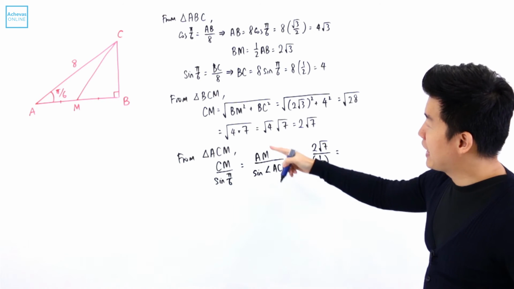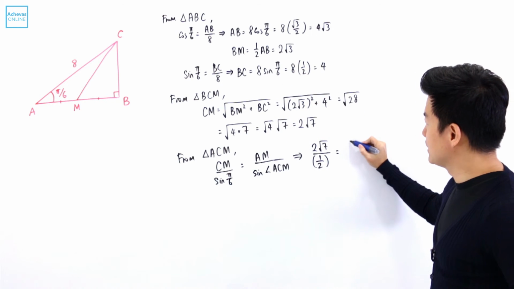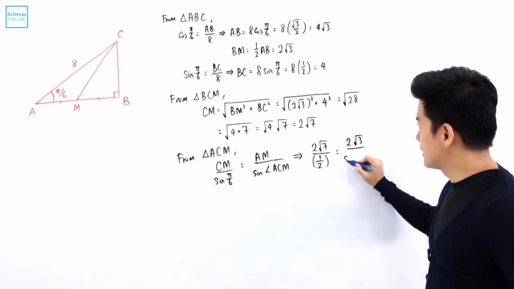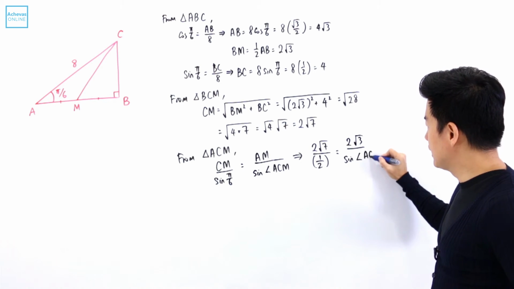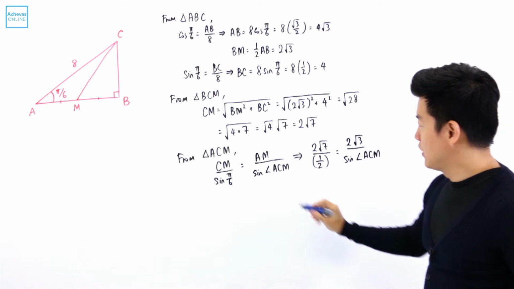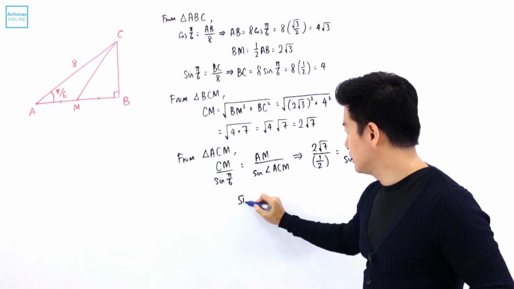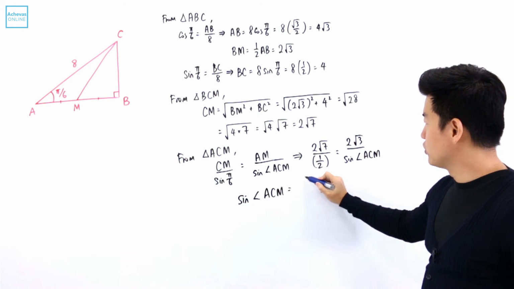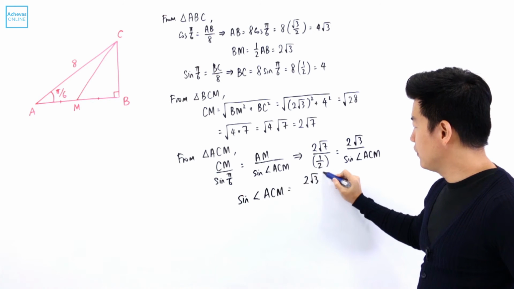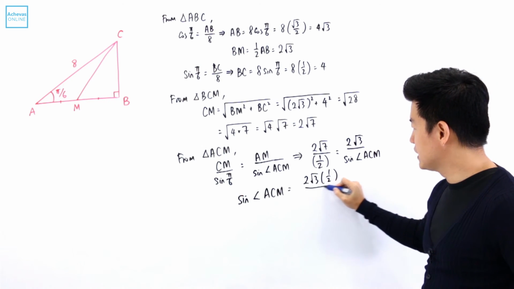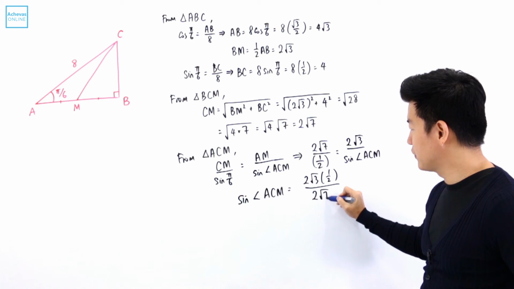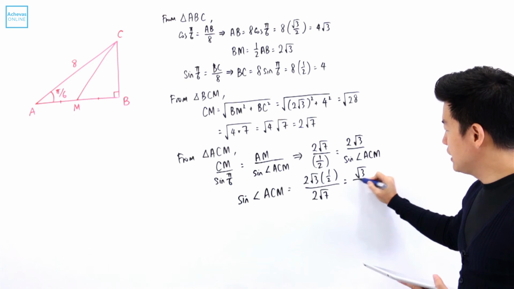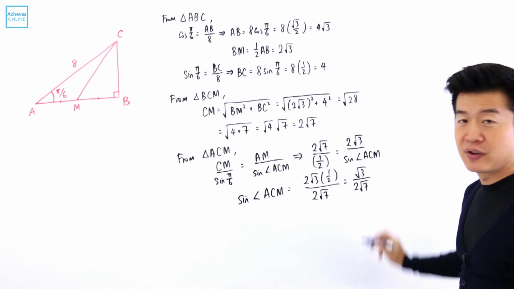This is equal to AM, which is going to be the same as BM, 2 square root of 3, divided by sine of angle ACM, which means that sine of angle ACM is going to be equal to 2 square root of 3 multiplied by half divided by 2 square root of 7. And this is equal to square root of 3 divided by 2 square root of 7.